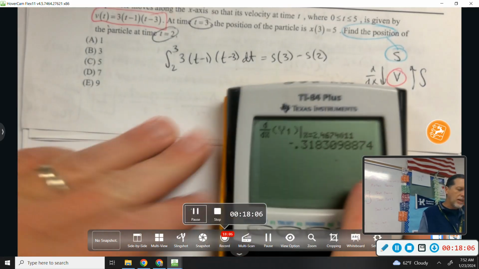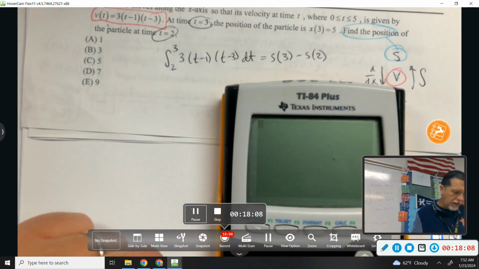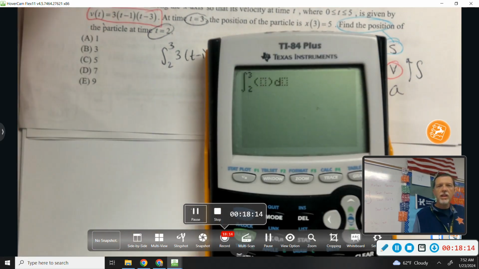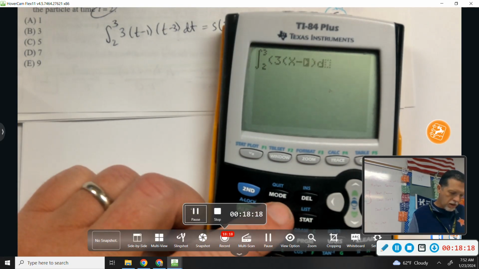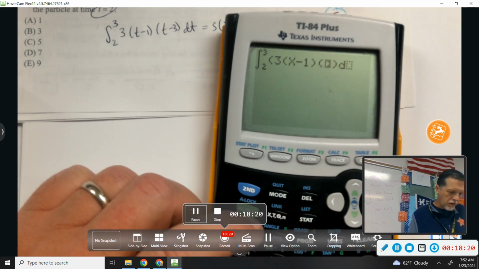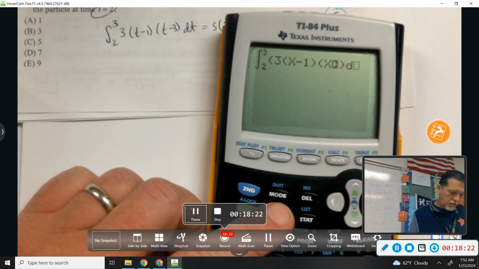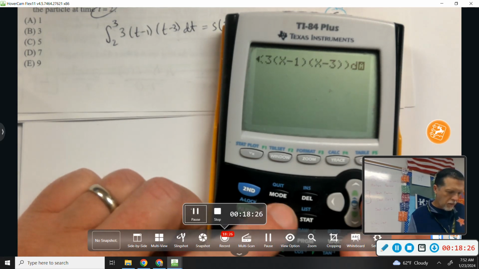So let's use the calculator. So math 9. Times x minus 1 times x minus 3 with respect to x.